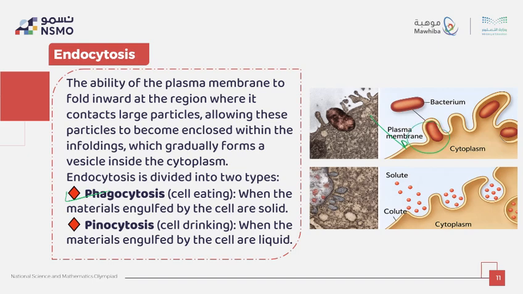Okay. The second part of endocytosis is pinocytosis, or what they call cell drinking. In cell drinking, the cell takes in dissolved solutes and extracellular fluid into small vesicles. Look at the pictures below, down here.